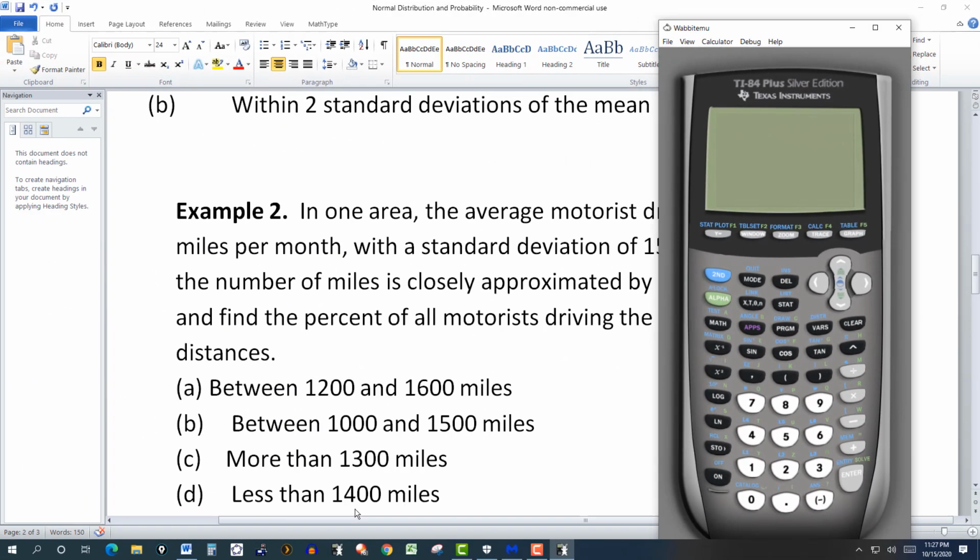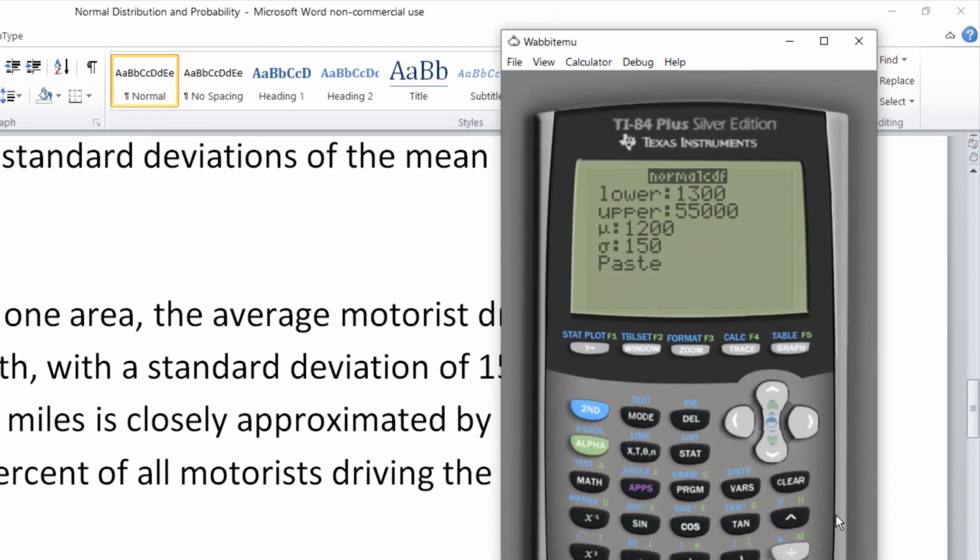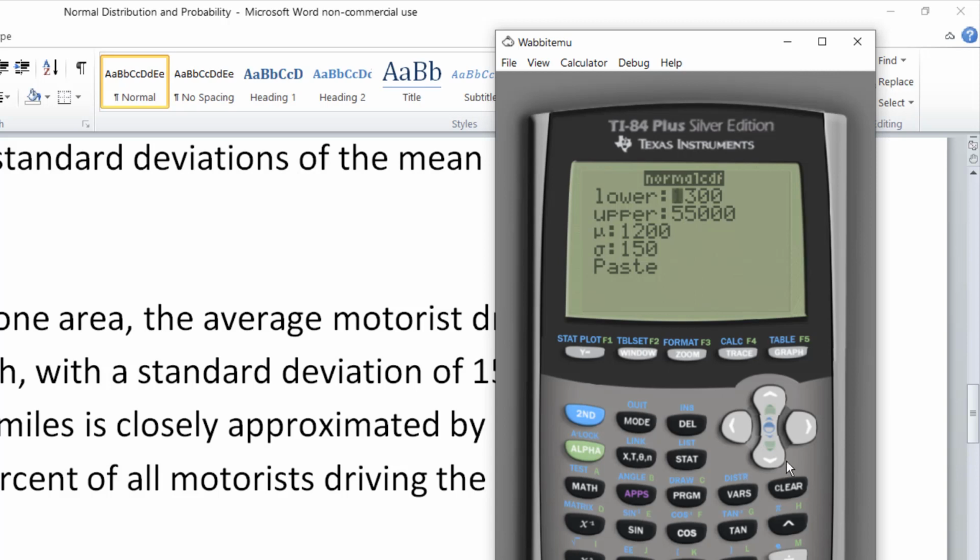Now, less than 1400. Okay, so this is going to go pretty much the same way, except now we're going to the other side. So second, and this function again, number 2. Now in this case, we're going to the left of 1400. So this one is going to be 1400, upper bound.